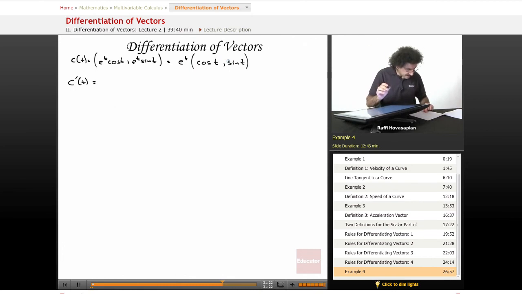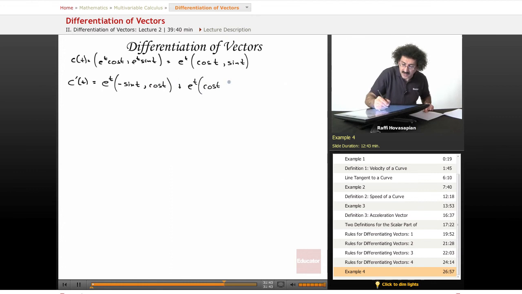Okay. It is going to be this times the derivative of that. So it's going to be E of t times minus sine t cosine t plus that times the derivative of that. Well, the derivative of E of t is E of t, and that is just cosine t sine t.